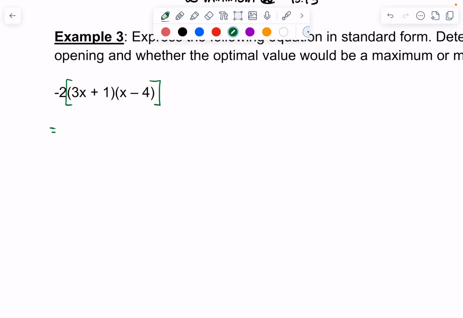So foiling out, we have minus 2, we didn't do anything there, but we take again the 3 times the x, so you'll get 3x squared, 3x times the minus 4 there, so minus 12x, plus 1 times that x, plus x, and then plus 1 times that negative 4, minus 4.